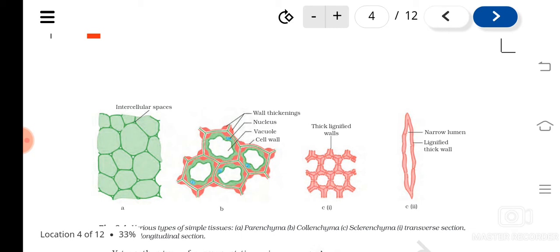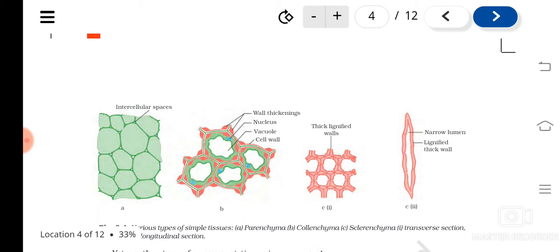Parenchyma, isn't it? They are thin-walled cells, okay, and they have a cellulosic cell wall, isn't it? And they are living cells. Parenchyma are used for storing food materials. They form the structural part of the plants, and when they do photosynthesis, they are known as chlorenchyma.